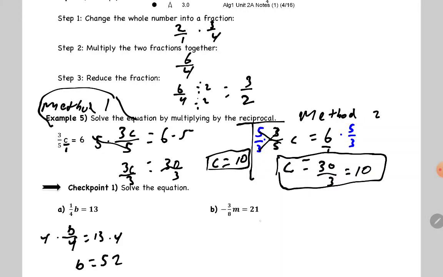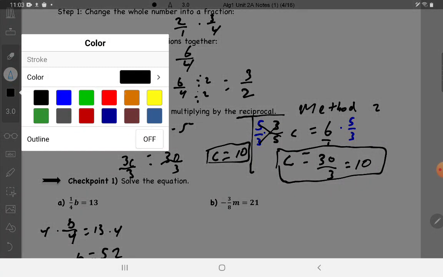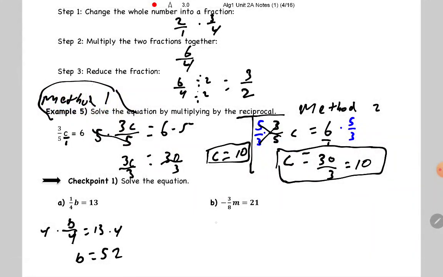This one, I'll use method 2. So we got a negative sign. Remember, reciprocals just flip. So I'm going to use a different color. I'm still going to flip the fraction. So it's going to be negative 8 over 3 times negative 3 over 8m equals 21 times negative 8 over 3.